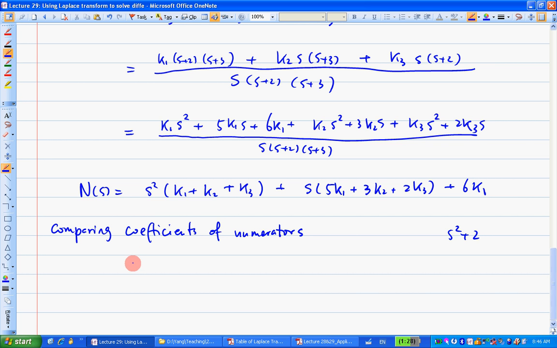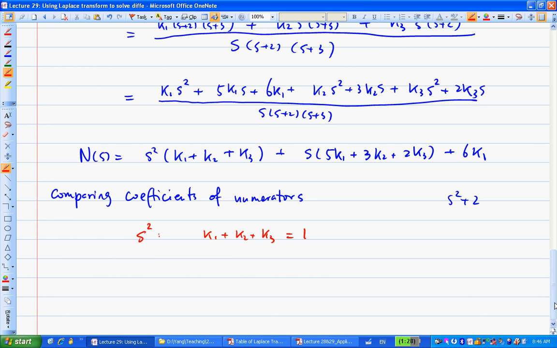To make it a little clearer, sometimes what you write is, for s squared, k1 plus k2 plus k3 equals 1. For the s coefficient, it's 5k1 plus 3k2 plus 2k3 equals 0.